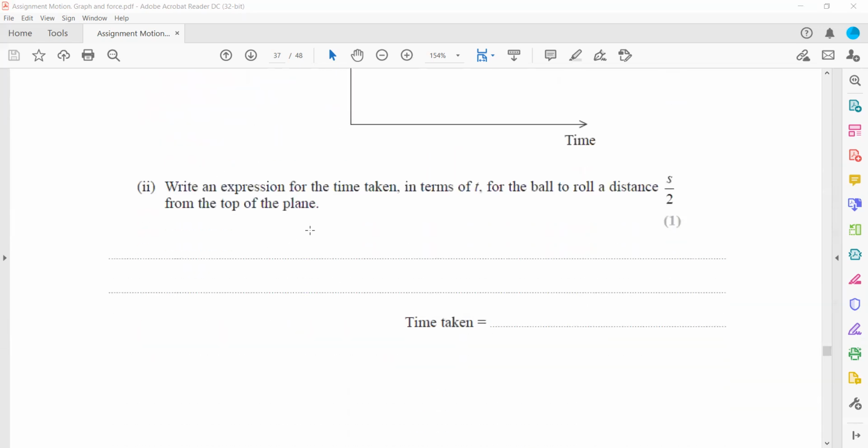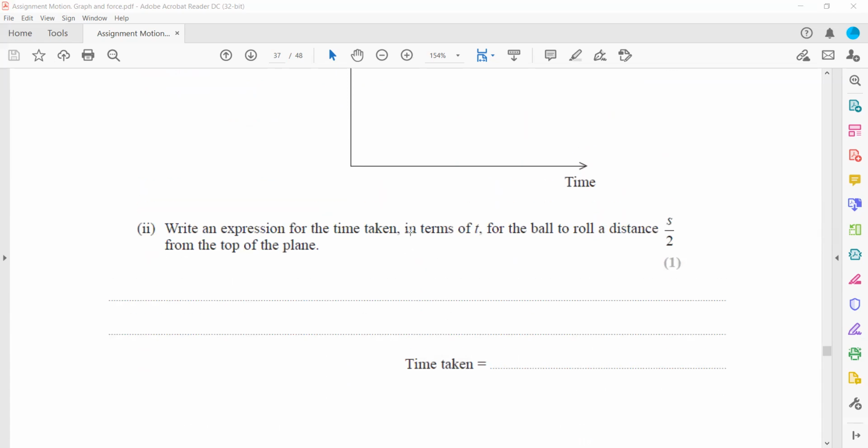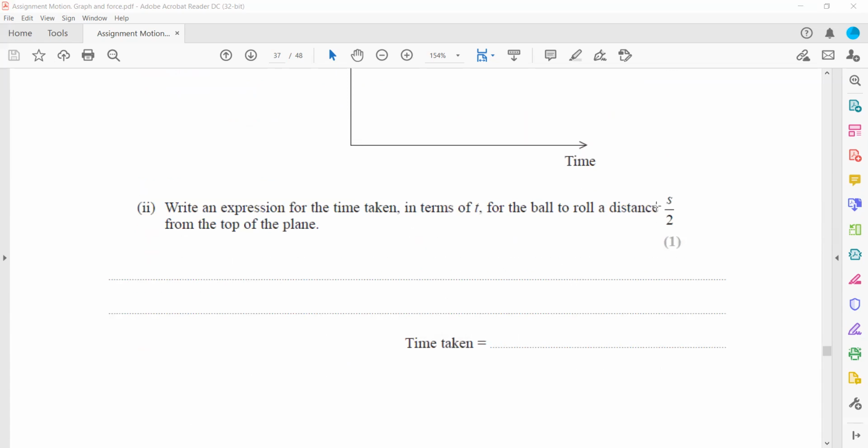So we just have to mention how much time it will take to roll a distance s by 2. Whenever an object is moving on the inclined surface, acceleration is constant, a is equal to g sine theta.